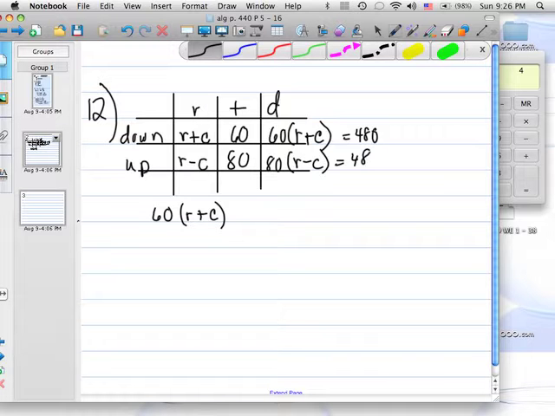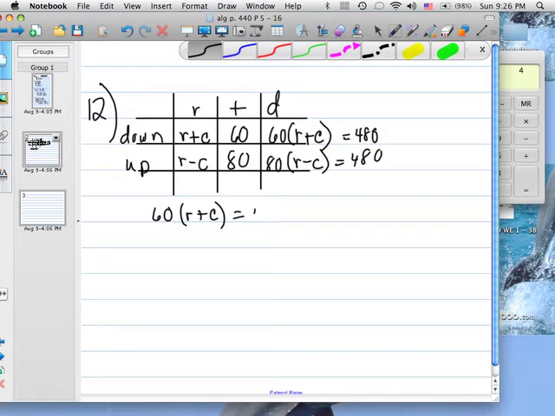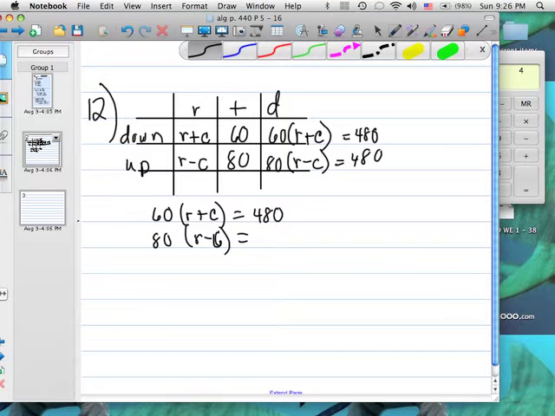And 80 times R minus C has to equal 480.